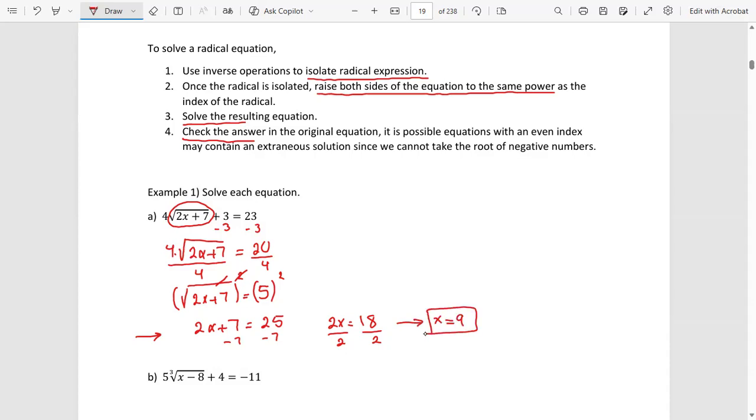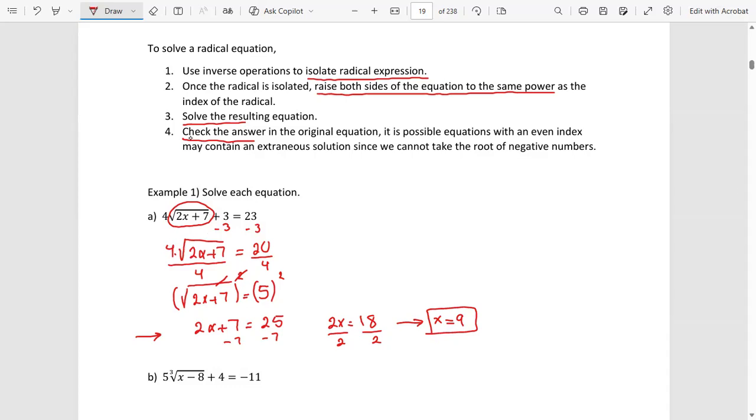Now the question is, is this the solution? Can we accept this value as a solution? We have to go back to the equation and plug in 9 for x, because we want to make sure that under the radical it's not negative.